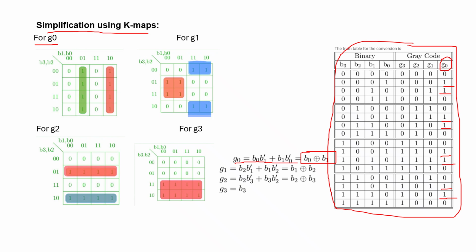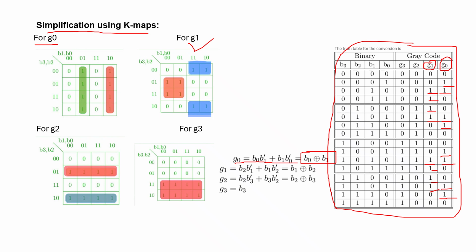Next, for G1 we can do it the same way. Map the variables in the K-map cells: 2, 3, 4, 5, then 10, 11, 12 and 13. These 8 cells are the maximum variables. Just map those alone.